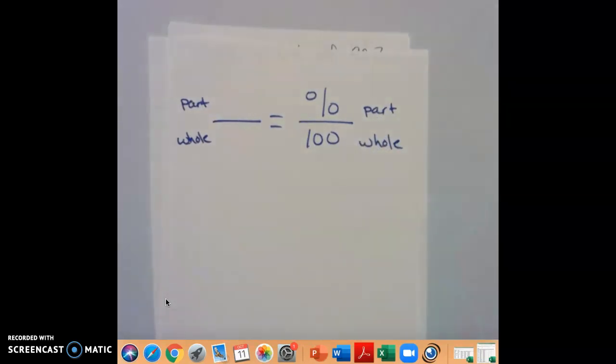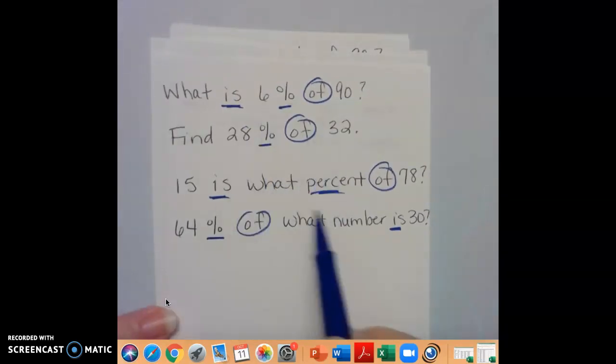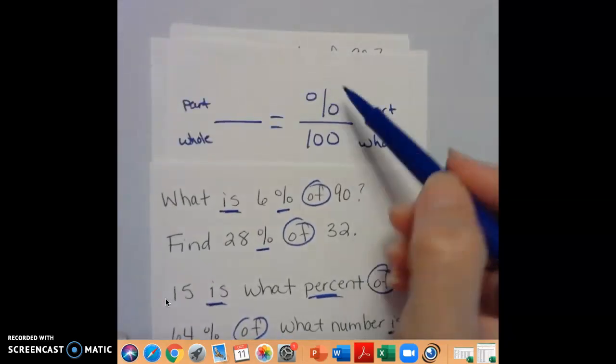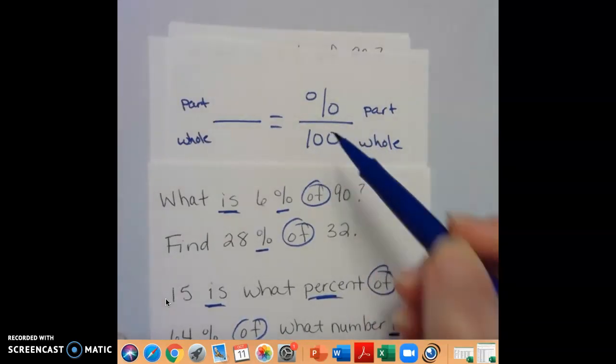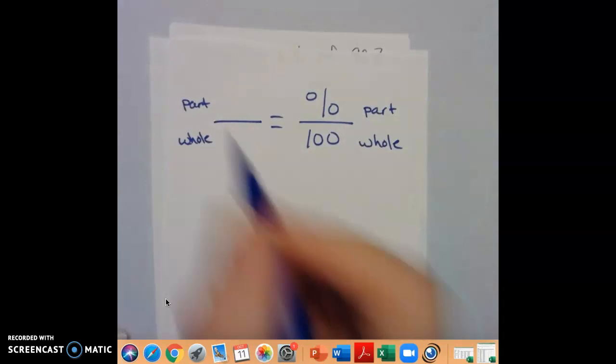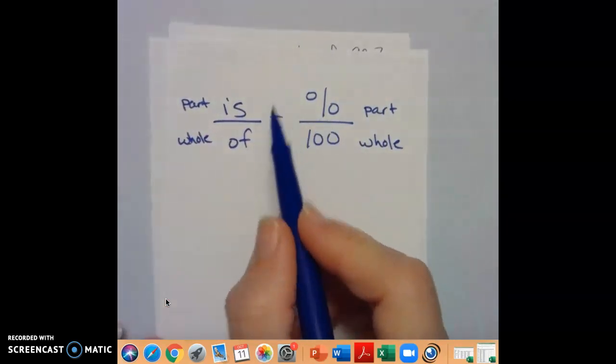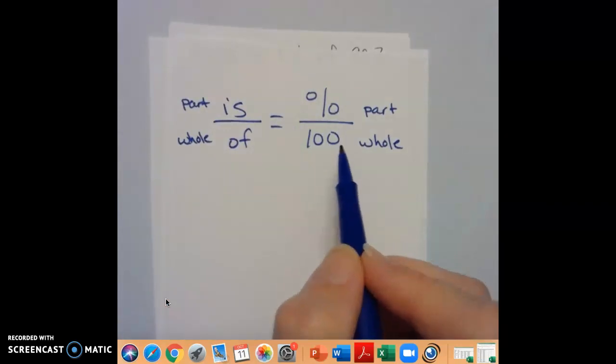Well, when I bring this piece of paper back and I look at all of these key words that are in here, we already have the percent always goes over the 100. And if we fill in our other key words, then a shortcut to remember is over of equals percent over 100.